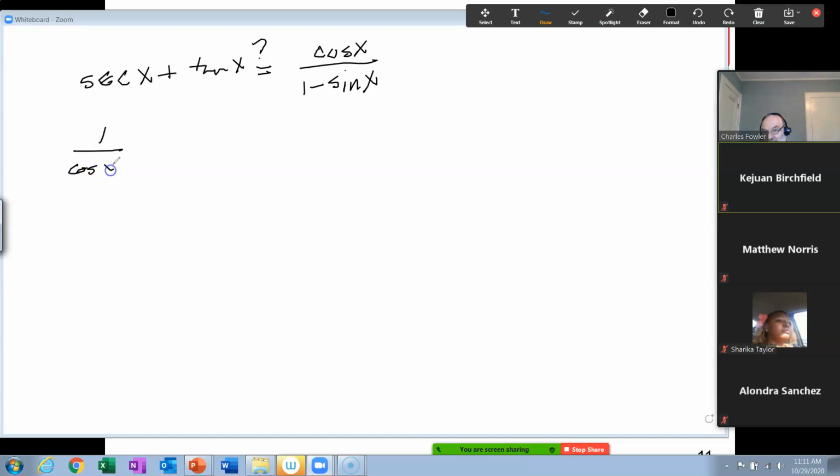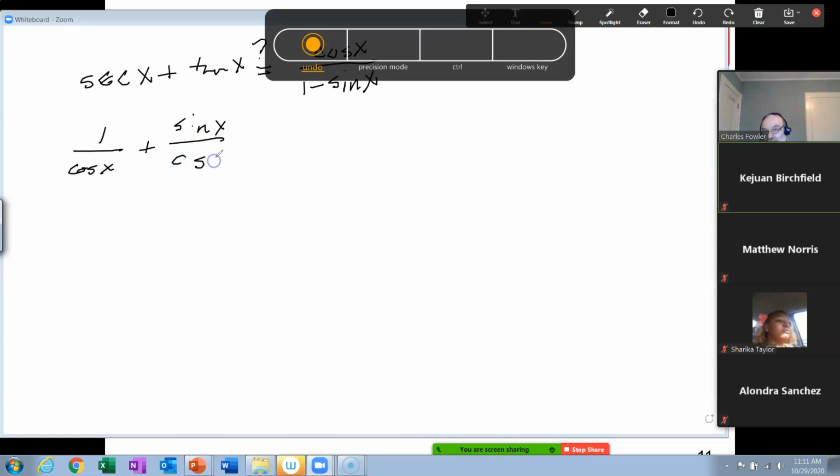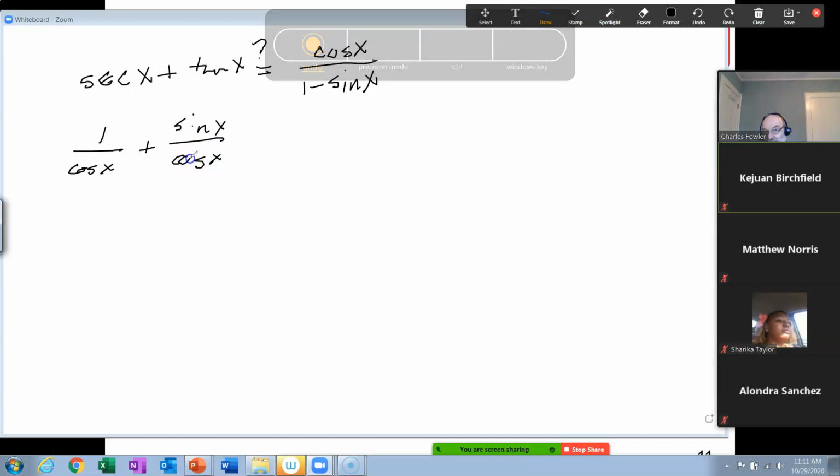That's what secant is, reciprocal identity, plus this is sine x over cosine x, your ratio identity or quotient identity. Okay, so we'll leave that alone for a moment here and go to this side.